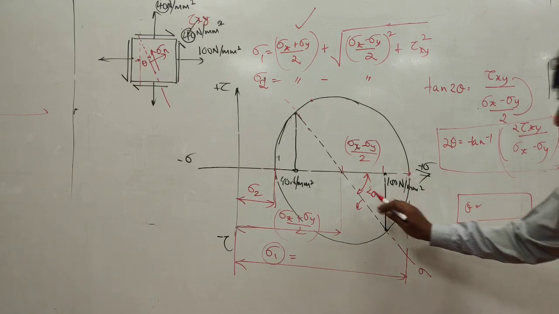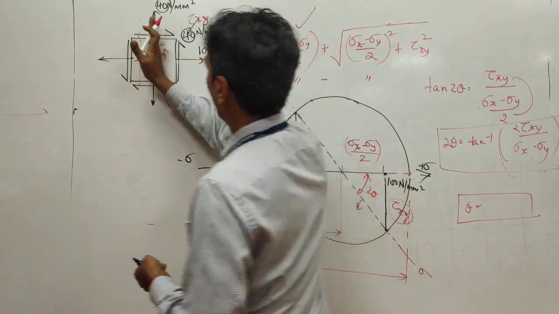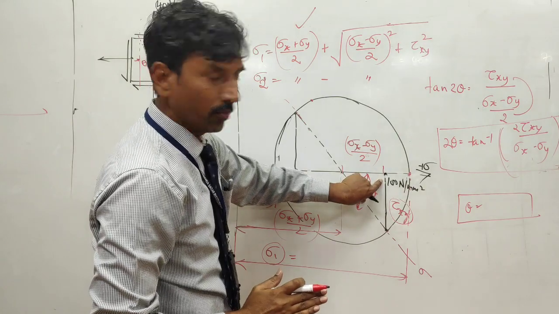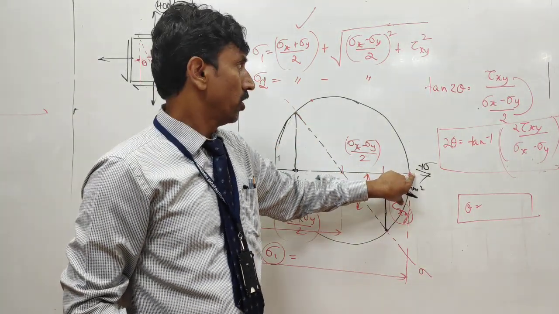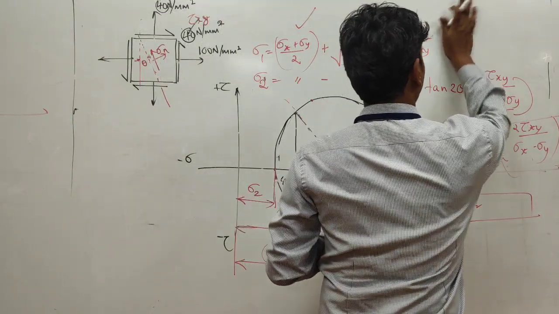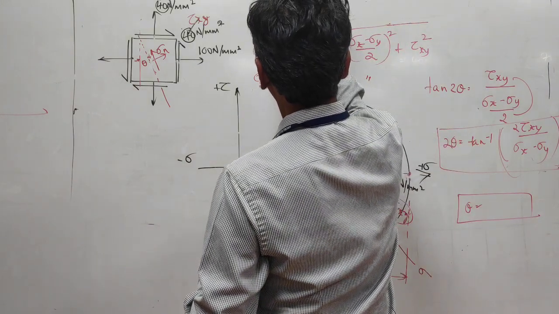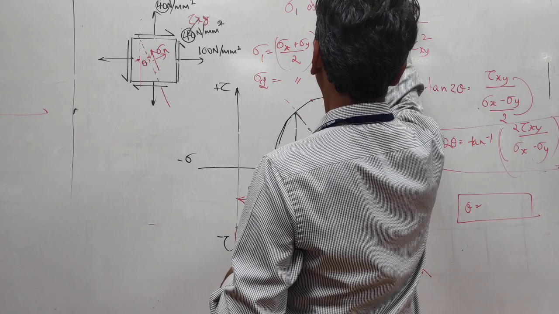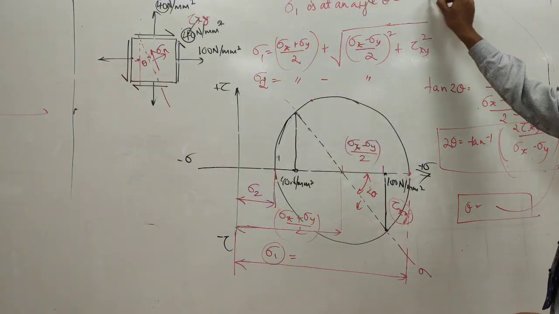So you can say that from this plane, at an angle of this 2 theta, here it becomes theta, you will have the maximum normal stress. So maximum normal stress, you can again write sigma 1, is at an angle of theta, whatever value you got here has to be written here.